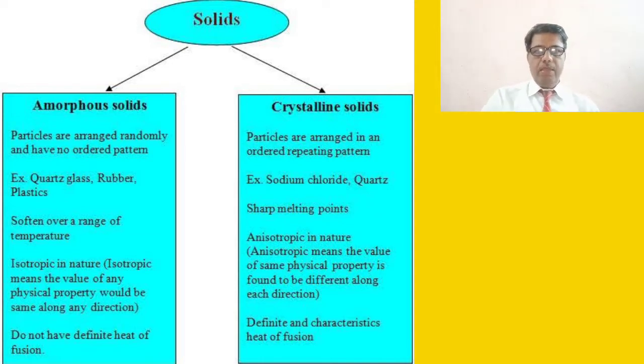Next one, isomorphism and polymorphism. So what is isomorphism? If two or more different substances have the same crystal structure, they are said to show isomorphism. For example, sodium chloride, NaF and MgO, magnesium oxide. Their composition or elements are different, but the crystal structure is the same, so they are termed isomorphous.